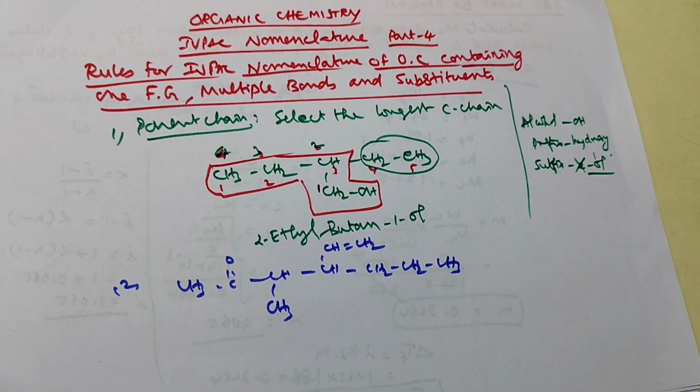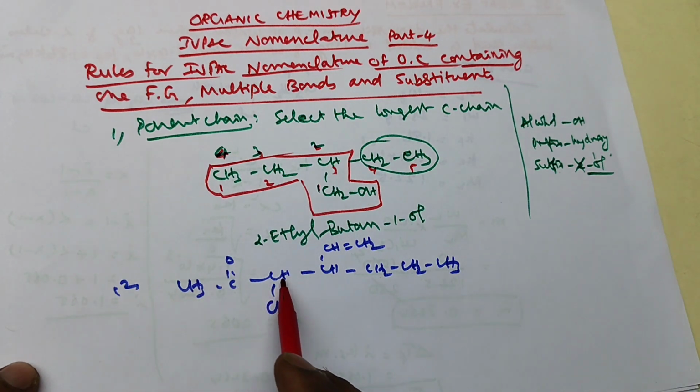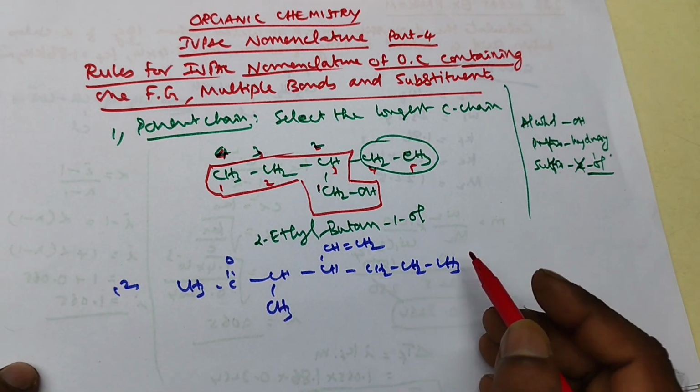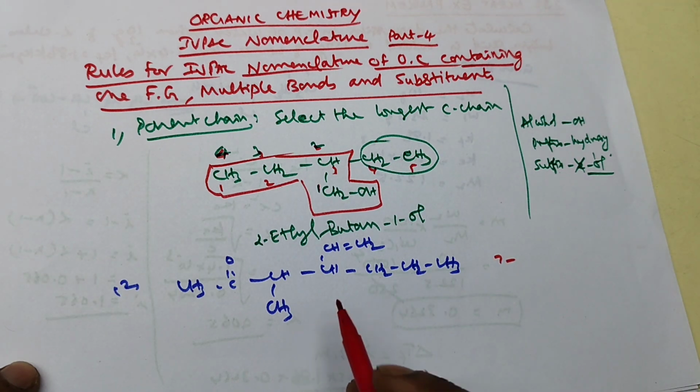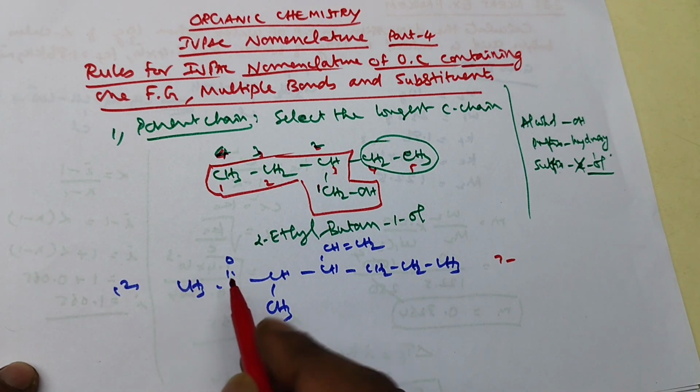Now we'll take another example, this compound. How can we give the numbering? The first rule is to select the longest carbon chain as the parent name. If we select 1, 2, 3, 4, 5, 6, 7, that is the maximum number of carbon atoms. But here the rule says you have to cover the functional group as well as multiple bonds in the parent chain.